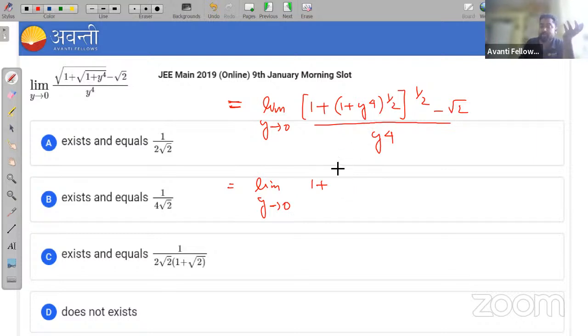Using (1 plus x) to the power alpha becomes 1 plus alpha x, this becomes 1 plus 1 by 2 into y to the power 4, whole to the power 1 by 2, minus root 2, upon y to the power 4.